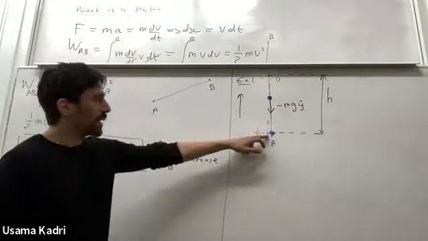Now the work AB equals, if it reaches height h at that point, then we have a minus mgh. So if the distance between point A and B is h, then the work would be minus mgh.